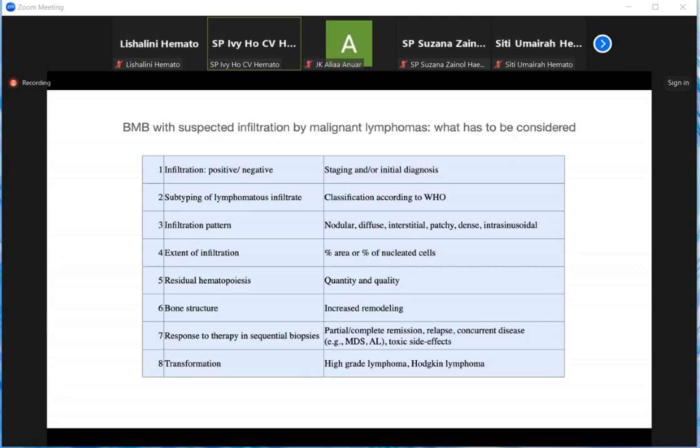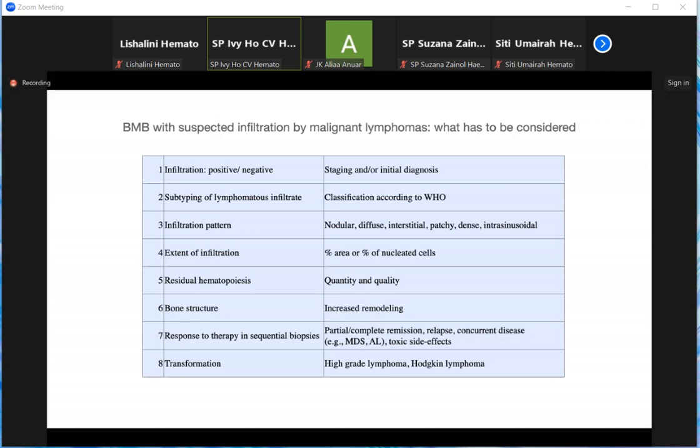the infiltration pattern, the extent of the infiltration, by percentage of the area involved or by the percentage of nucleated cells. And assess the residual hematopoiesis in the background, the bone structure, whether there's increased remodeling, thickening of the bone.